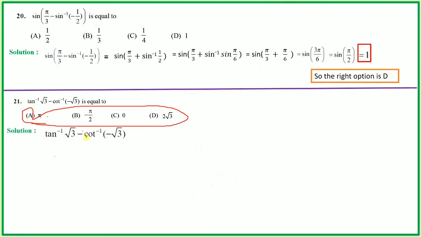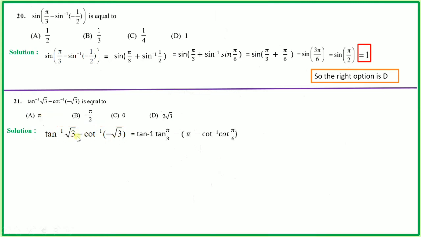The question is tan inverse root 3 minus cot inverse minus root 3. For tan inverse root 3, tan will give us root 3 at pi by 3. So tan pi by 3 is equal to root 3, so we have written tan inverse tan pi by 3. Next is minus cot inverse minus root 3.